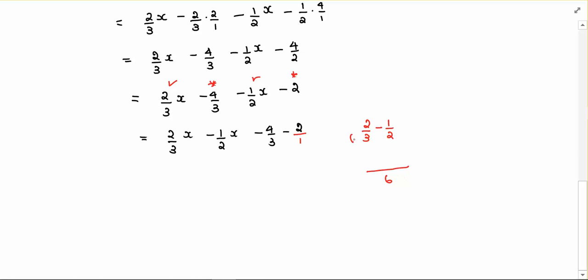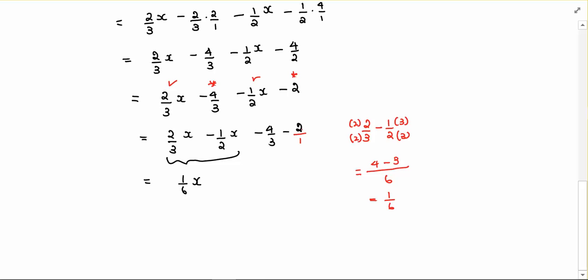So that means I'm going to multiply that by 2 and this one also by 2. It's going to give me 4. That by 3 to get 6 and that by 3. It's going to give me 3. So 4 minus 3 is 1/6. So I can go back to my problem and say these combine to be 1/6 x.